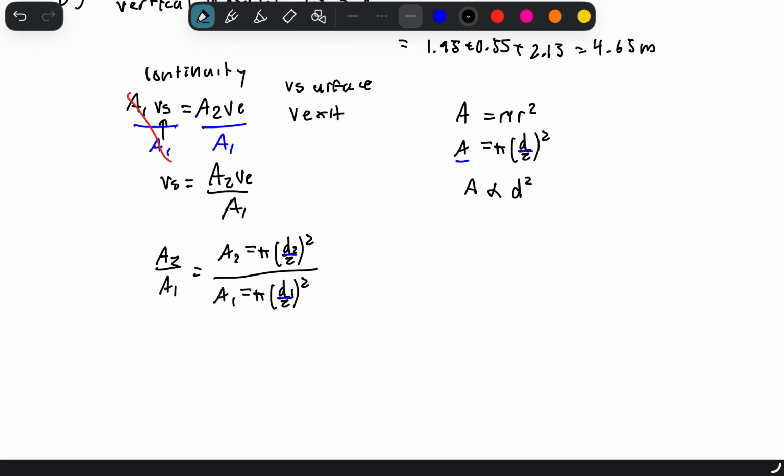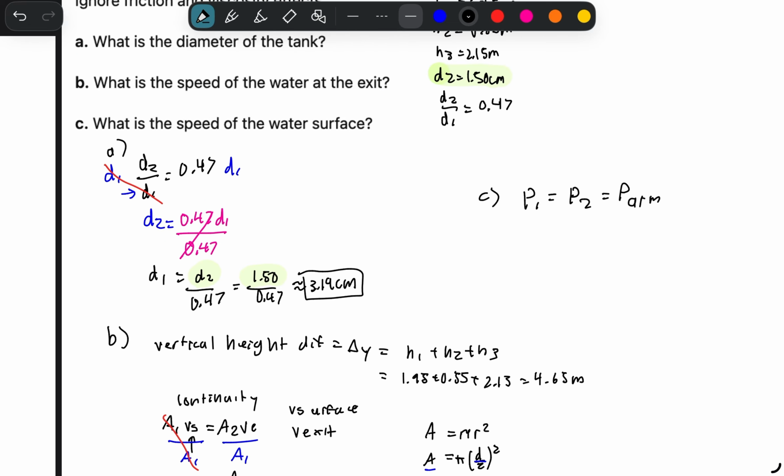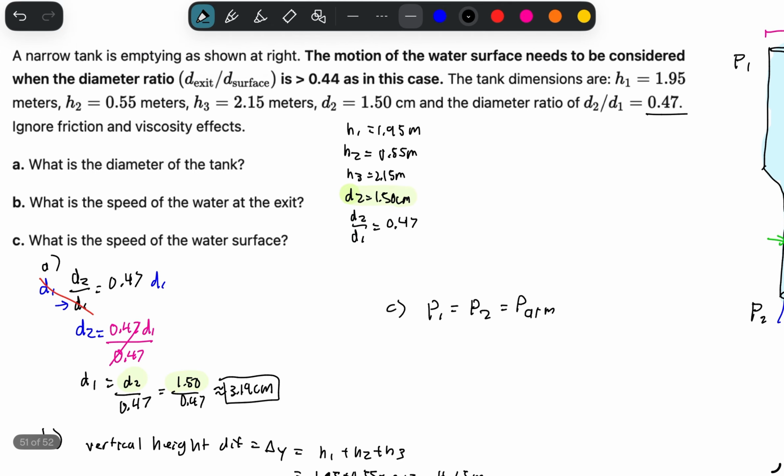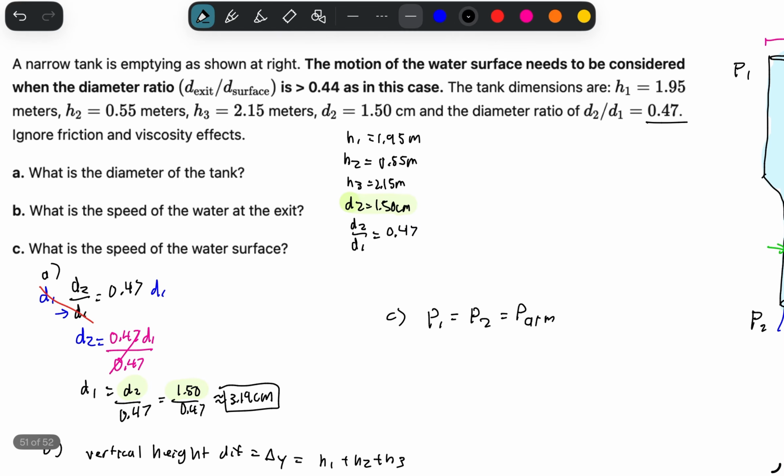And then when you see everything in this equation, everything's going to cancel out except for that D1, D2. We're going to keep that. So we're going to have D2 over D1, and we're going to square this whole thing. And this is going to be equal to 0.47 squared as our ratio, because we were given this ratio over here.